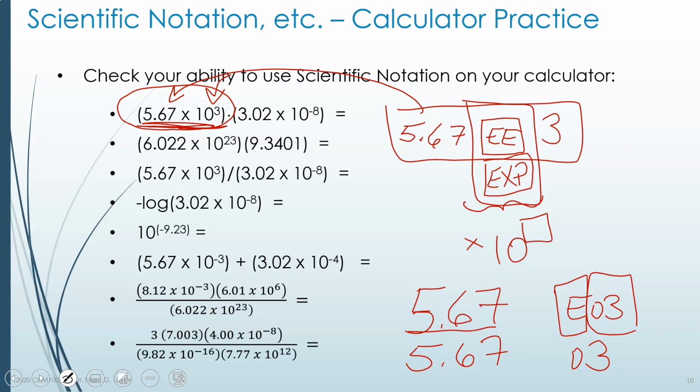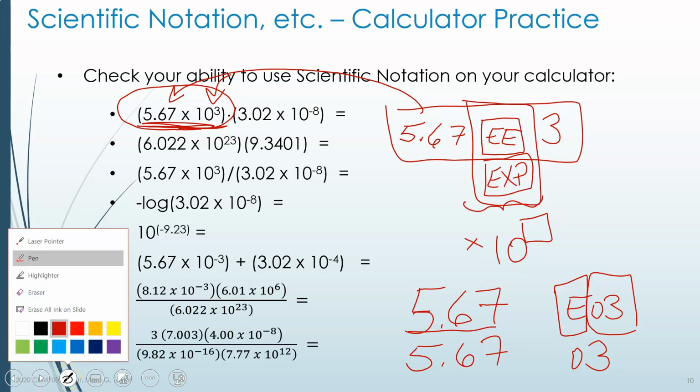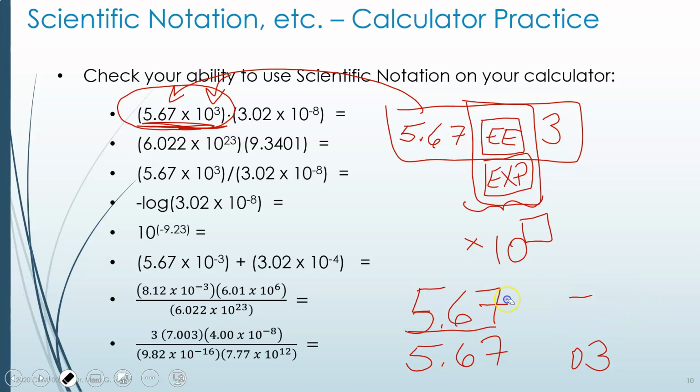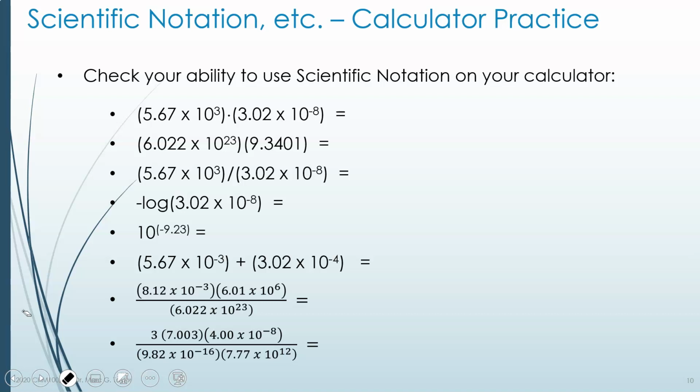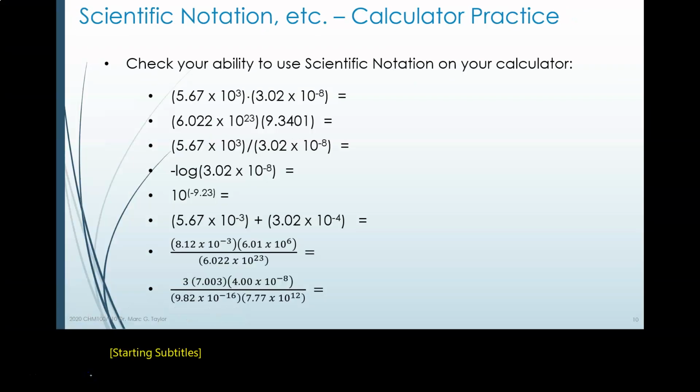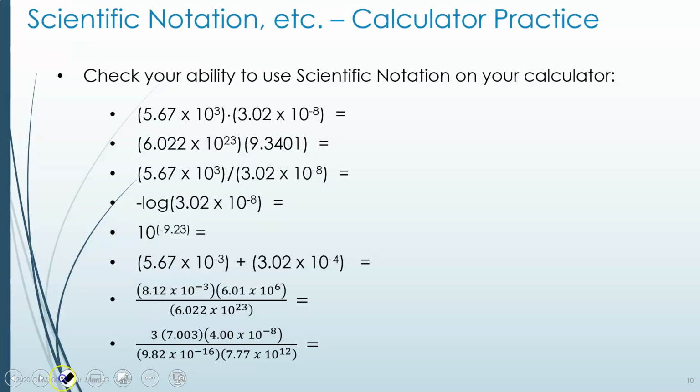There is one caveat for inputting numbers that involve negative exponents. Let's get rid of that, and we'll go back and write this number right here, 3.02 times 10 to the minus 8.